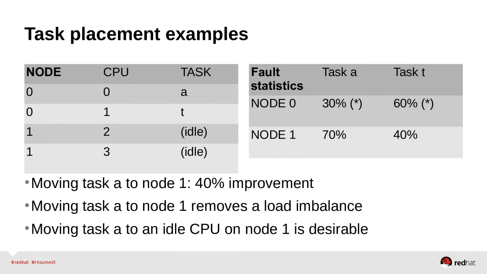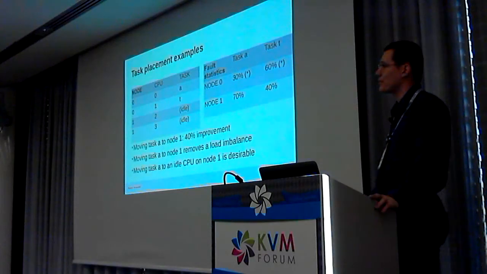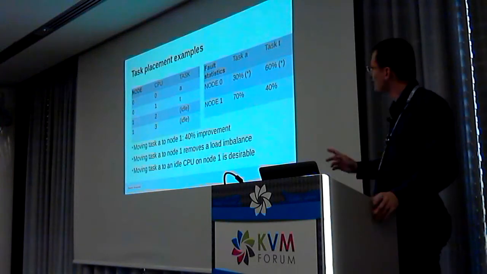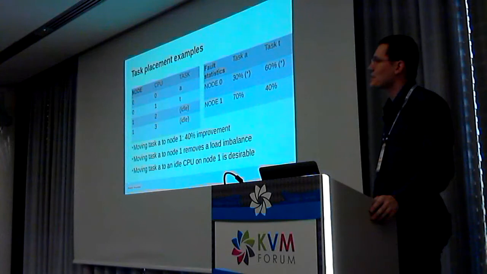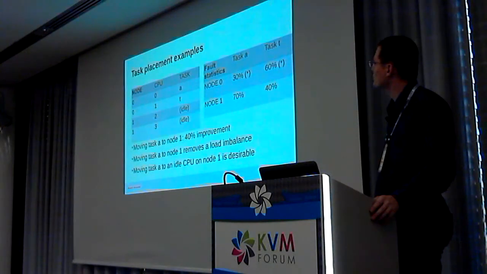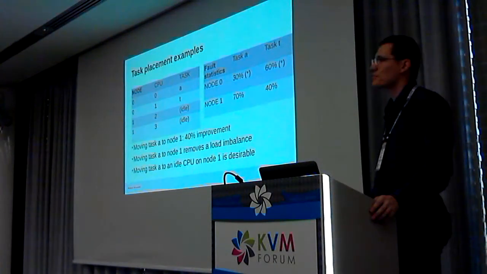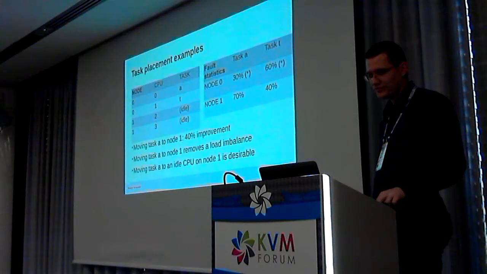I've got some very simple example to start out with. We have 2 programs running on the system, task A and task T. They're both on node 0. On the right-hand side, we can see that task A has most of its memory accesses on node 1, and task T, most of its memory accesses on node 0.